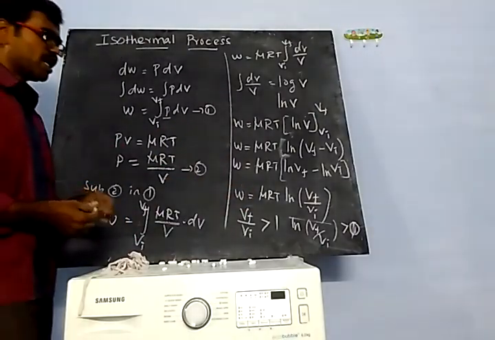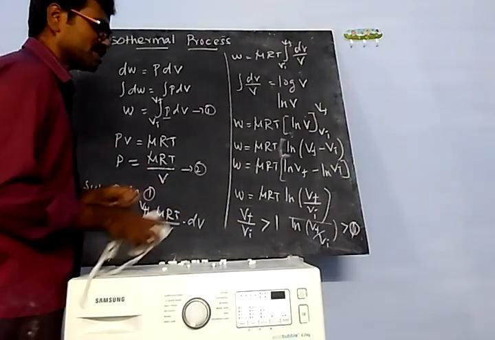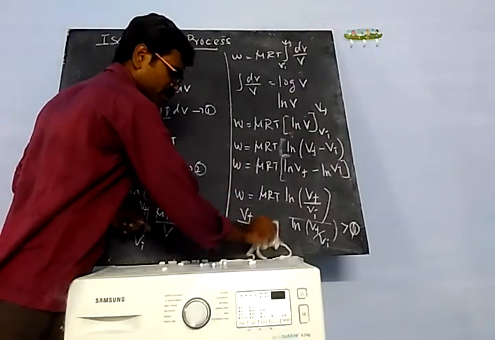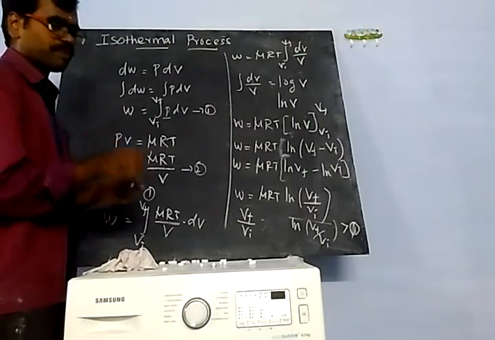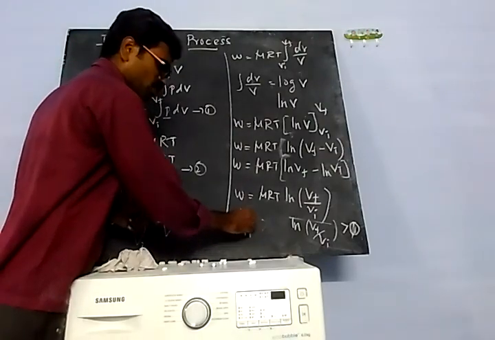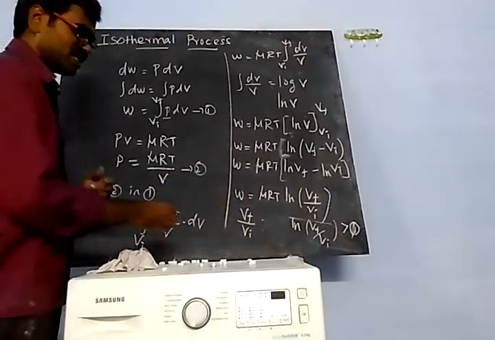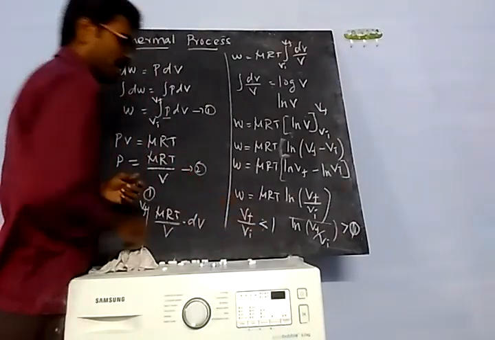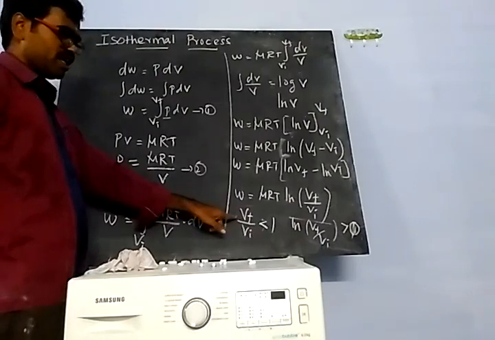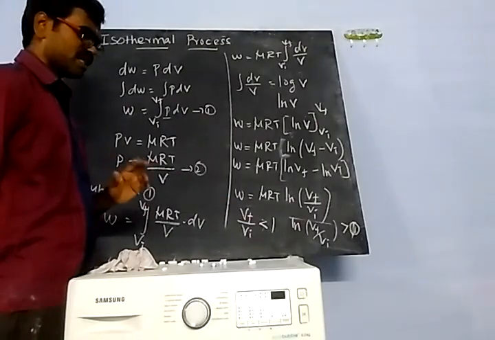Suppose the final volume is less than the initial volume, that is isothermal compression. The final volume is less than the initial volume, so VF divided by VI is less than 1.